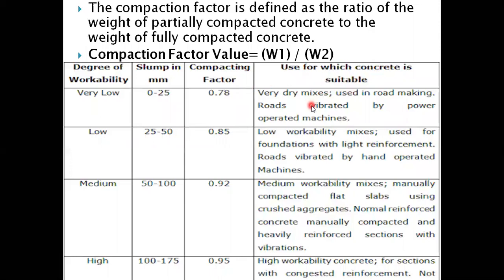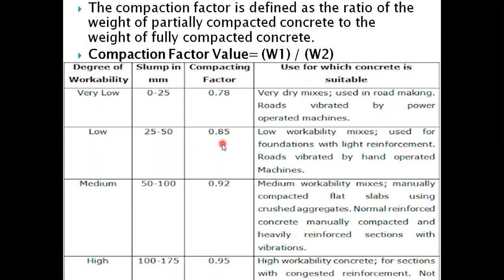Use of this concrete: very dry mixes used in road making, roads vibrated by power operated machines. So compaction factor 0.78 is very low workable concrete, useful for roads which are vibrated by power vibrated machines.